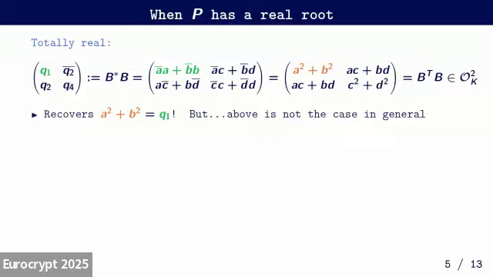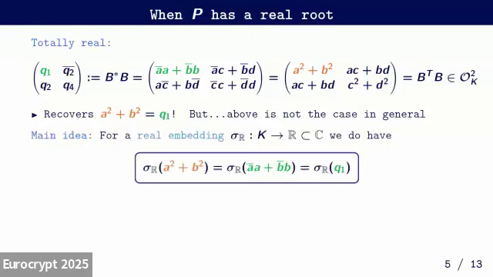But the above is not the case in general, because if we're not in the totally real case, this conjugation is non-trivial, and a bar a plus b bar b is not going to be equal to a squared plus b squared. But the main idea of our work is that if we look at a real embedding, so we assume we have at least one real embedding, then we do have that a squared plus b squared and a bar a plus b bar b map to the same real number, because for this real embedding, this conjugation doesn't do anything.